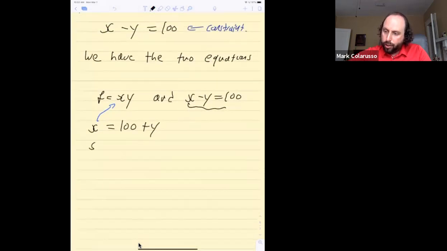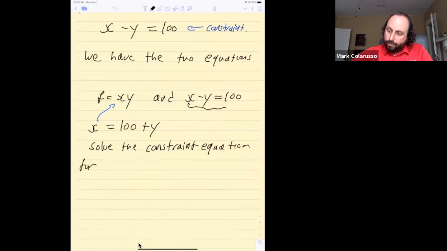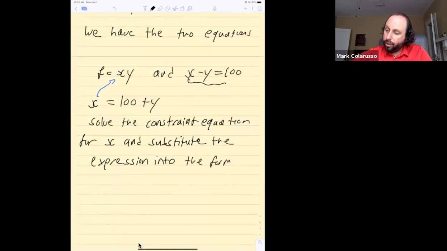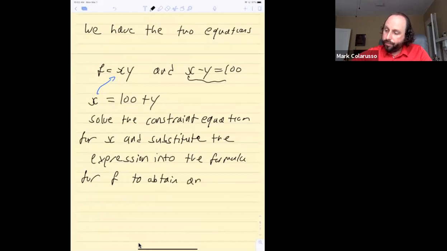So now, solve the constraint equation for x and substitute the expression into the formula for f to obtain an expression for f only in terms of the variable y.